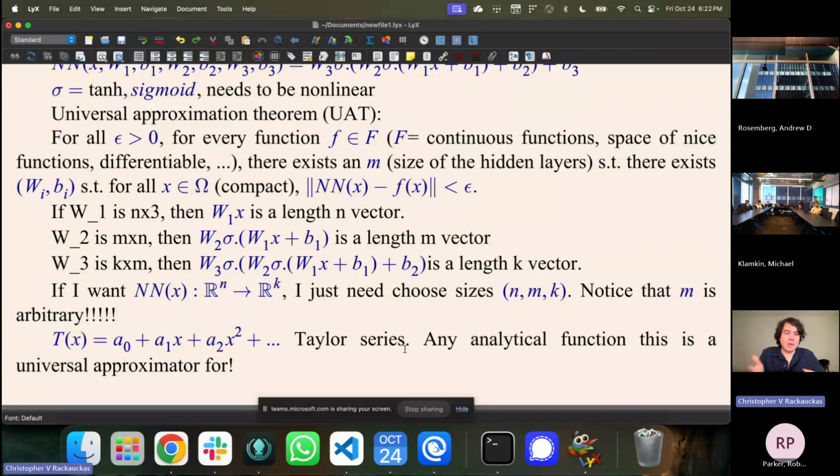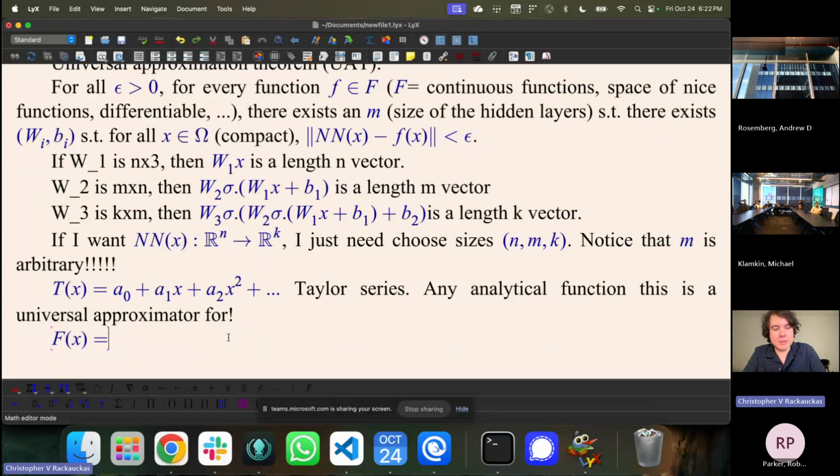So you have a lot of other universal approximators that you've heard of, right? You also have, let's call it f of x, equal to a0 plus a1 sine x plus a2 sine 2x, right?